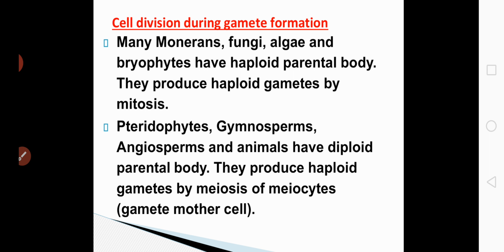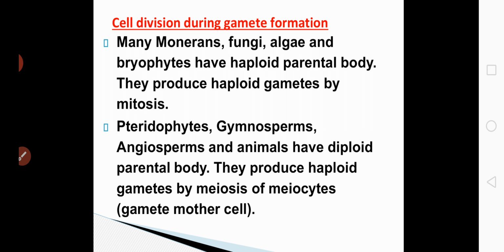How are these gametes formed? Many monerans, fungi, algae and bryophytes have a haploid parental body. So for example, in one alga, the plant body is haploid, and they produce haploid gametes by mitosis.